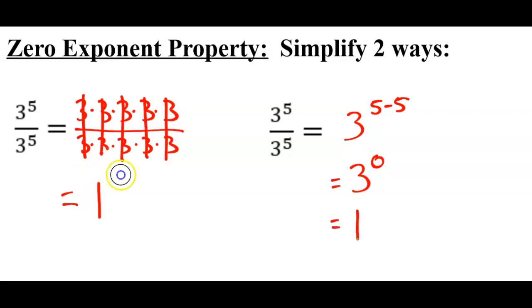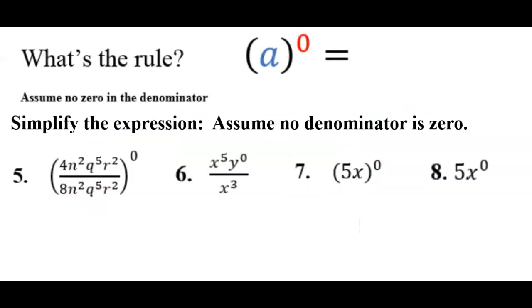All of these canceled out. All of them one'd out, making that 1 times 1 times 1 times 1 times 1, which is 1. If I apply my rule and then I look at this over here, I can see that 3 to the 0 is 1. So what's my rule for anything to the 0 power? Anything to the 0 power is always going to be the number 1.